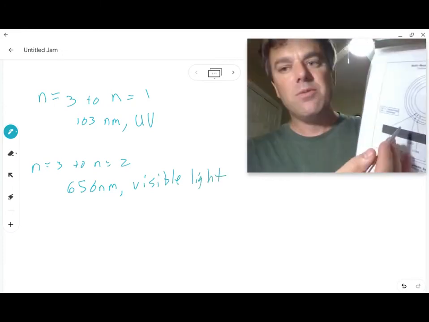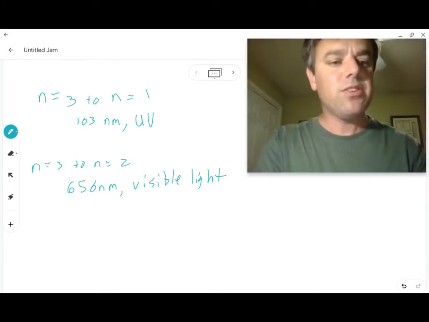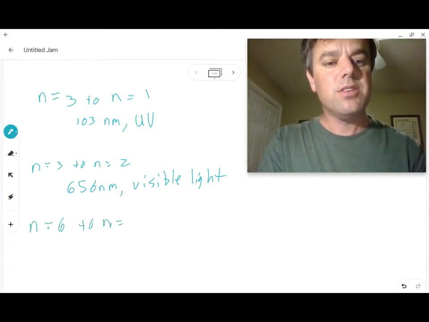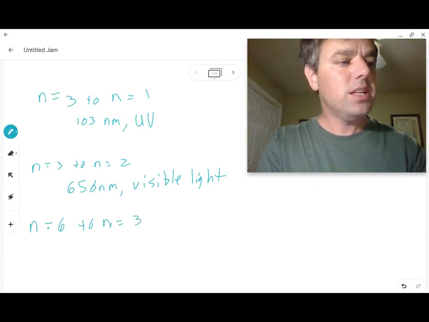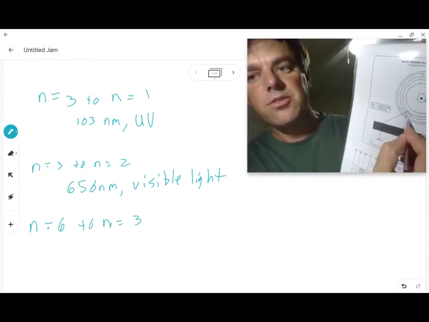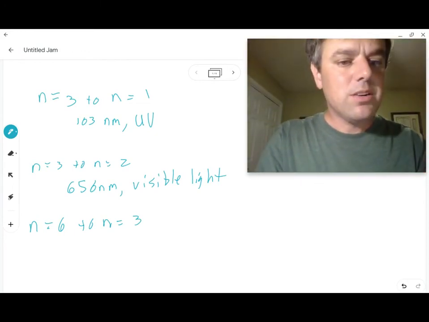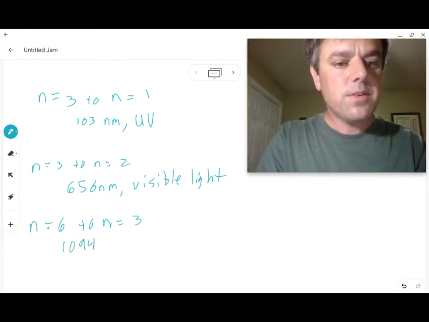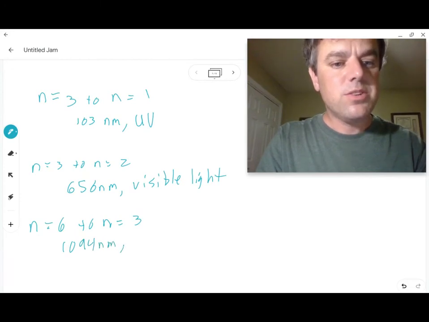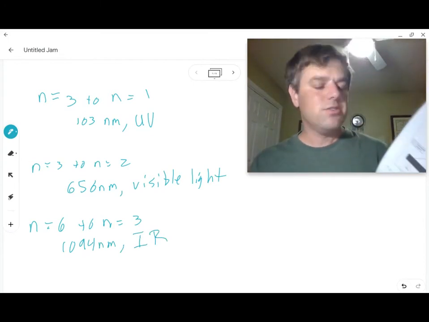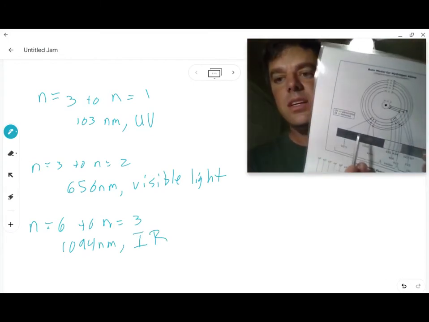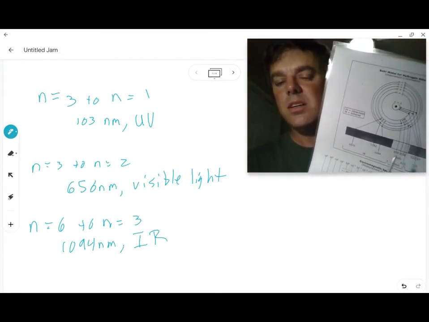And if an electron went from, say, the sixth energy level to the third energy level, that would be this transition, which is 1094 nanometers, which is infrared.